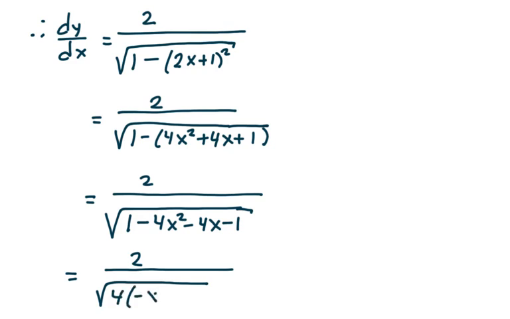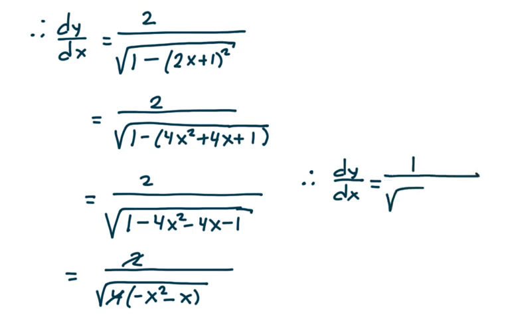And when I do, I get negative x squared minus x in parentheses. Because what's the square root of 4? The square root of 4 is 2. And so I'm going to cross this 4 out with that 2 on top. And in simplified form, we can say dy dx is 1 over the square root of negative x squared minus x. And I'm done.